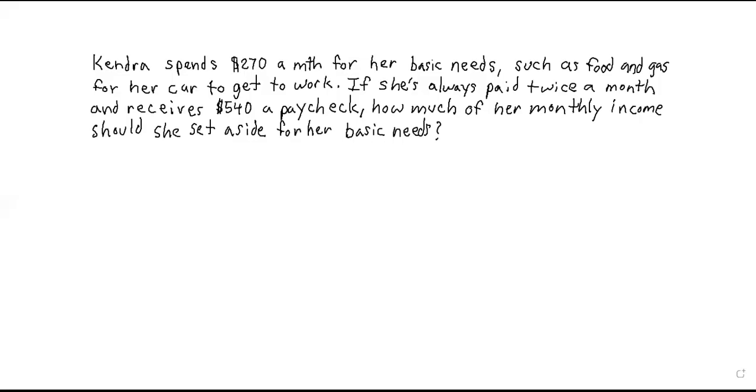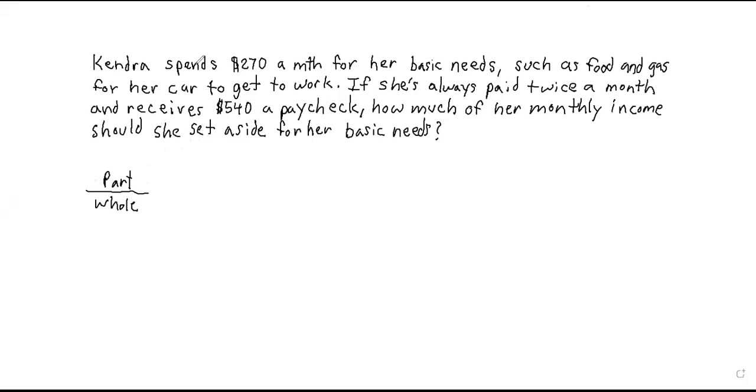Okay, so here we are on the whiteboard, and let's go ahead and start this problem. We know we want a ratio in the form of a fraction. Fractions are made out of a part and a whole.